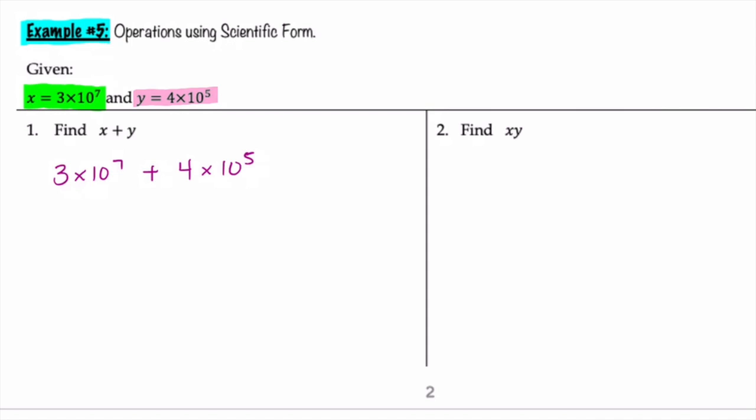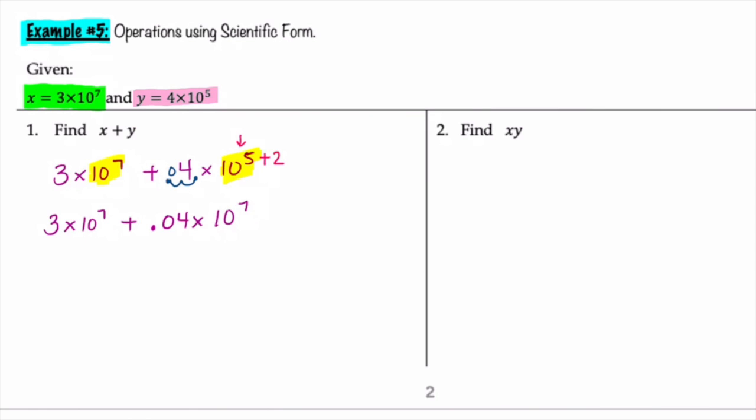What we want is for these bases and exponents to be exactly the same. So I am going to focus on this piece here, the 5. I want this exponent to go up 2. That way, both of these terms would have a 10 to the 7th power. Now, I can only do that if I move my decimal place 2 places to the left.